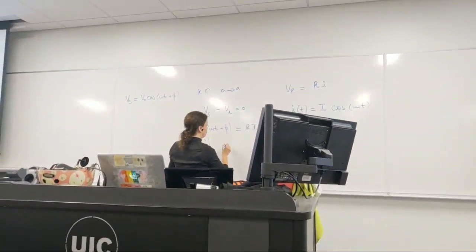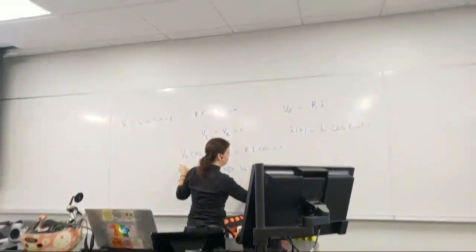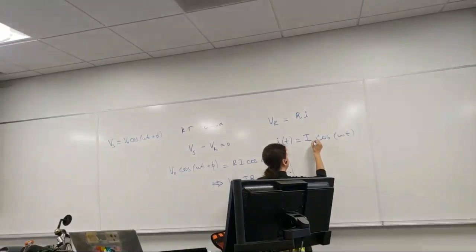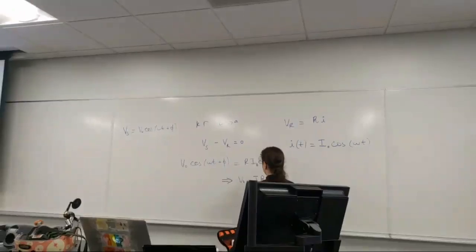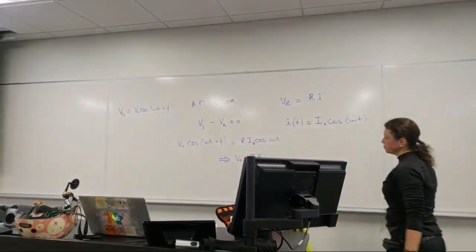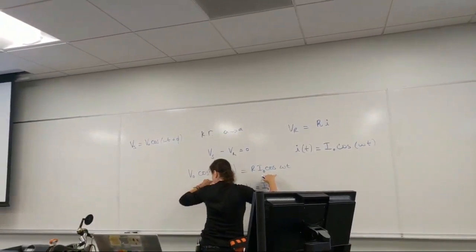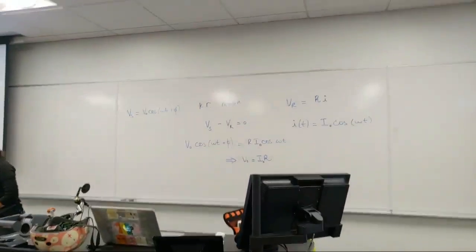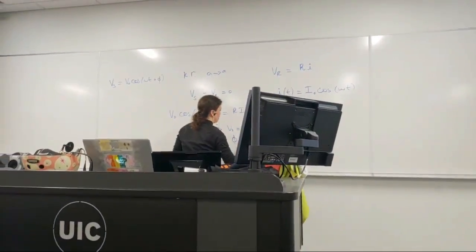The only possible way is that V0 must be equal to I R, the maximum amplitude of the current. I could even put an I0 there, the maximum current, times R. And if these two are to be equal, the phase angle has to be 0 too. There's no other way these two functions could be the same, unless phi was equal to 0.